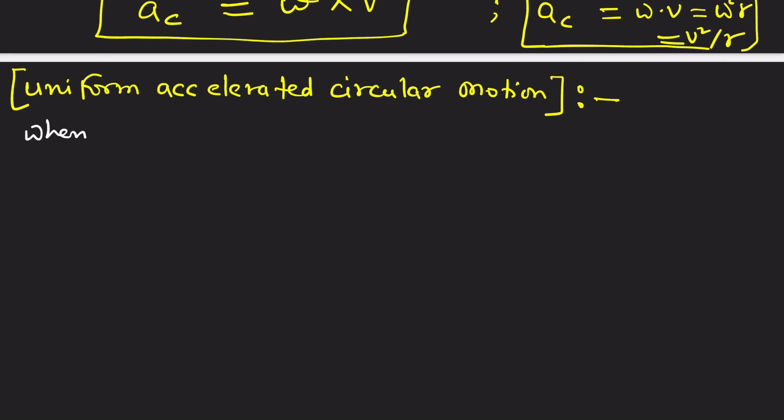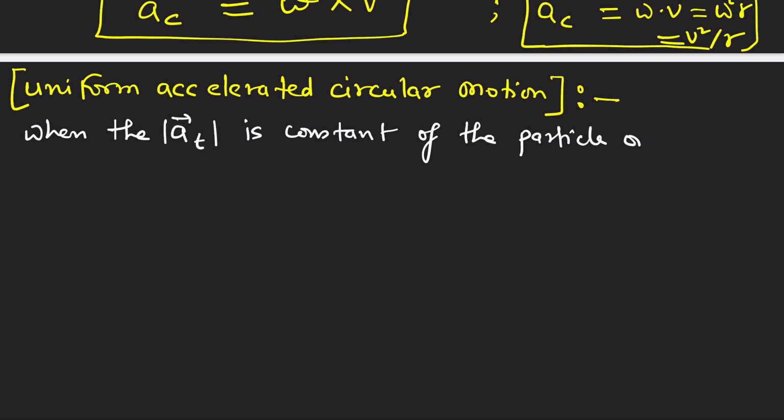When the A tangential, of course the magnitude basis, is constant for the particle, or alpha, here I am just writing the vector quantity, not the magnitude only, because the direction is going to be constant throughout the motion.